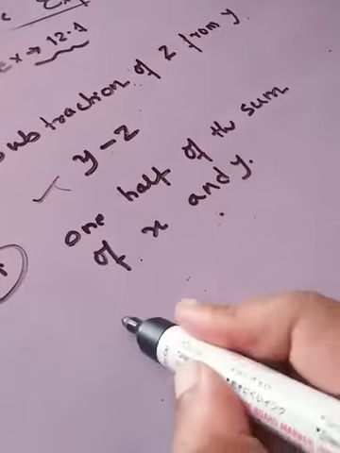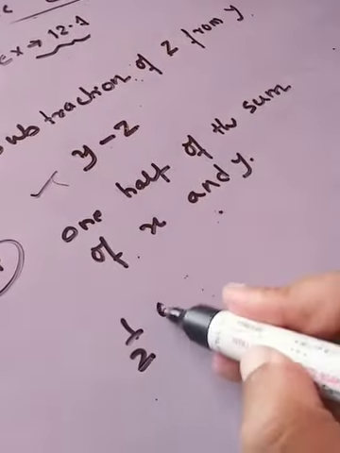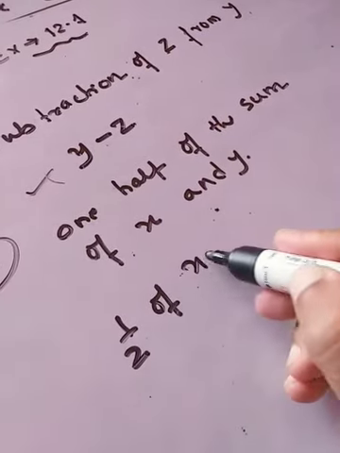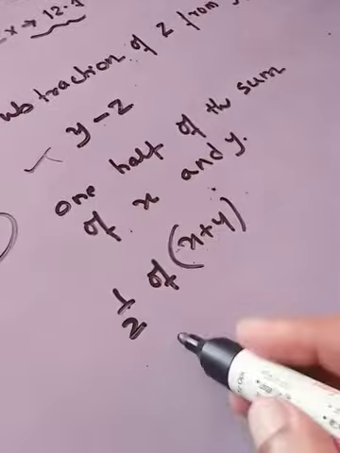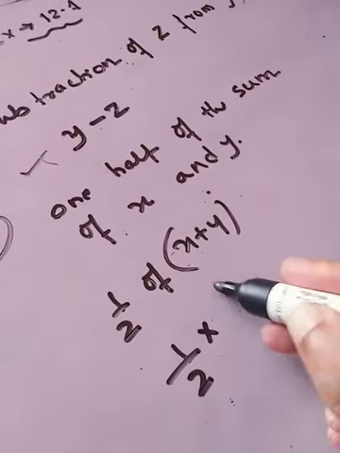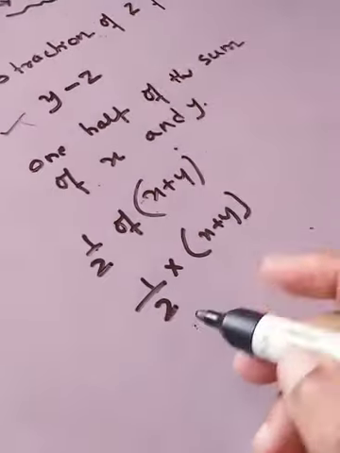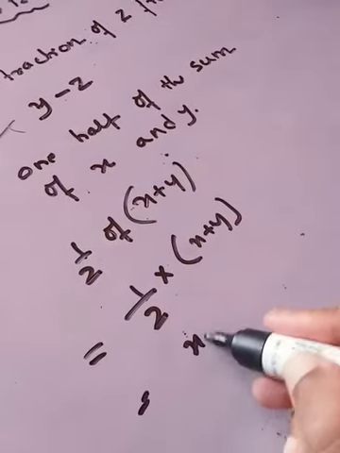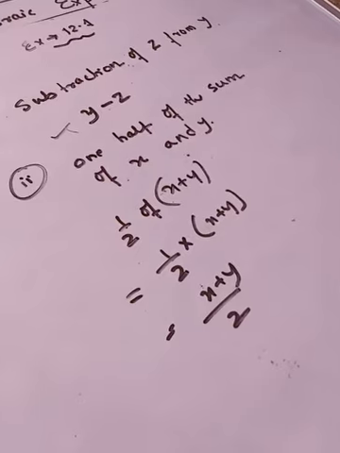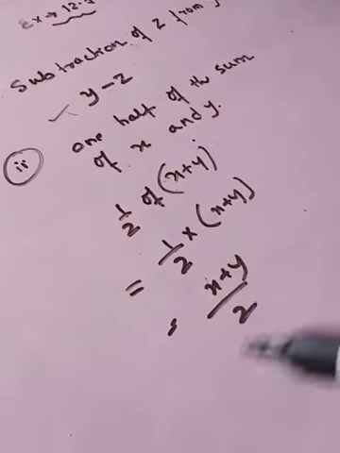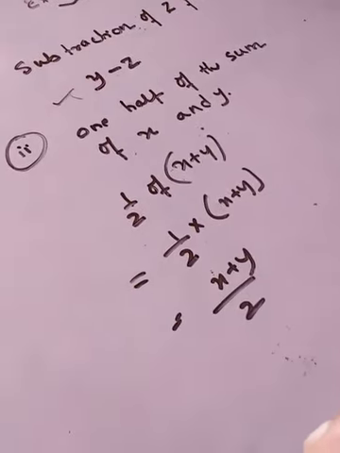So 1/2 means 1 by 2. Of means the sum of x plus y. So this is the solution. You can write this in this form also, x plus y, or in this way also, x plus y by 2. Any form you want. So this is the solution of sum number 2.